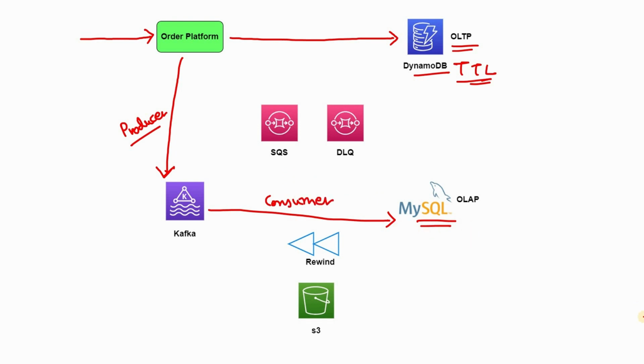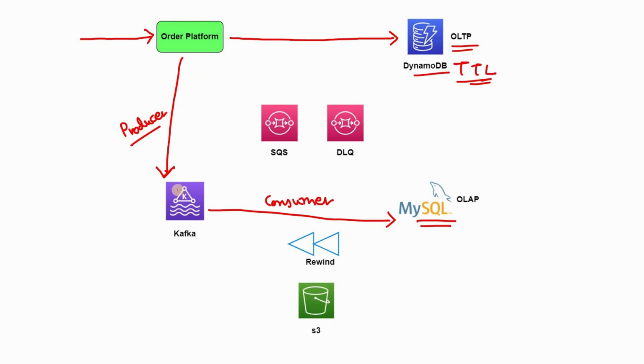Okay, right? Now obviously they have tried to maintain Kafka as highly available and fault tolerant, but we cannot avoid the failure situations or hard times when Kafka is not reachable. But if Kafka is not reachable, the order platform should not stop. The business should keep on running 24/7, right?